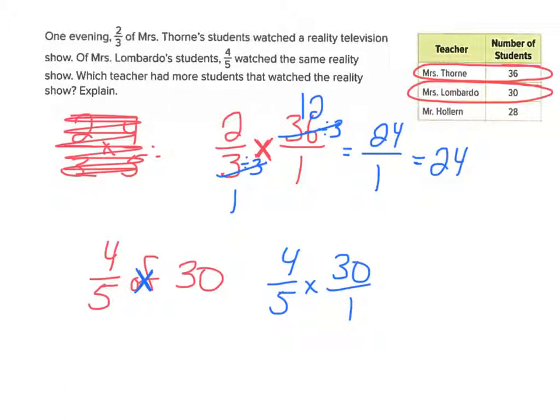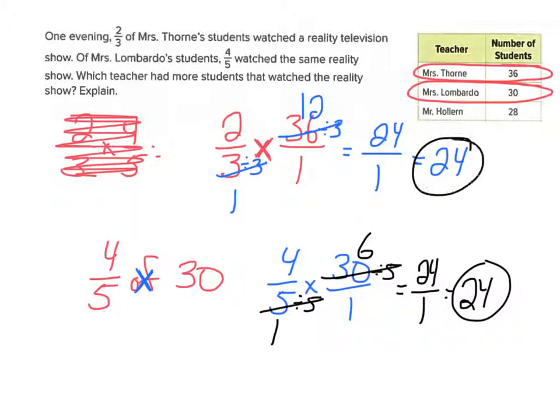We look to see if we can cross-simplify. 5 and 30 can both be divided by 5. 5 divided by 5 is 1. 30 divided by 5 is 6. Then we multiply. 4 times 6 is 24. 1 times 1 is 1, which is equal to 24. So in this case, both teachers had 24 of their students watching the reality TV show. Neither teacher had more, they both had the same amount.